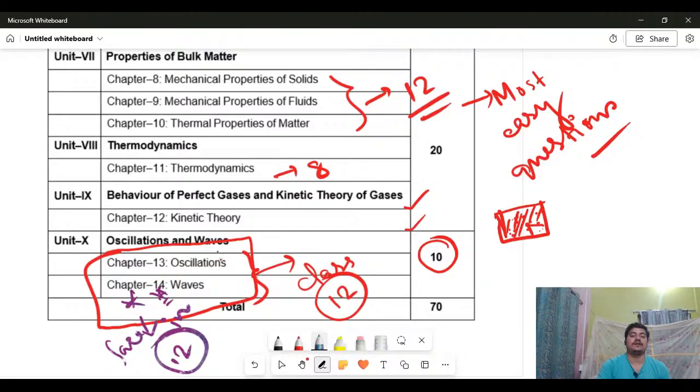Oscillation and waves, these two things you need to learn properly in class 11, because whenever you learn physics in grade 12, or afterwards in graduation, you will face problems if you do not understand oscillations and waves in grade 11.